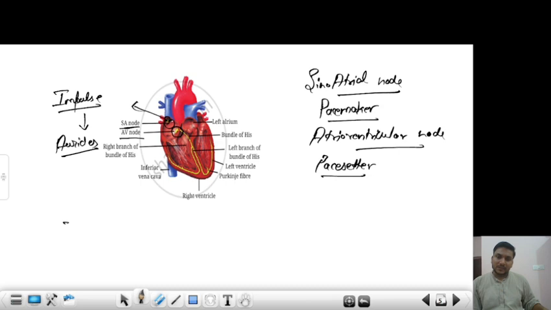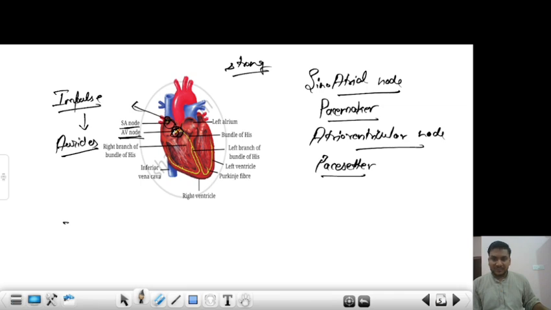When traveling through the auricles, the impulse gets weakened, so it cannot work as efficiently to contract the ventricles. So here is another node, the AV node, which helps the SA node by strengthening the impulses coming from it.